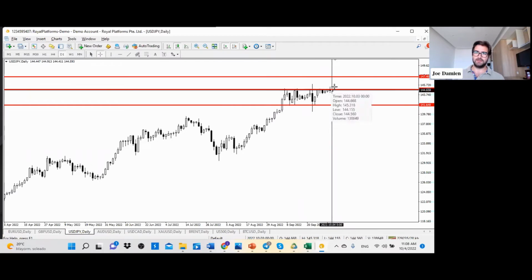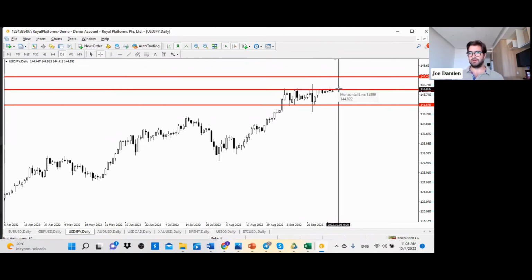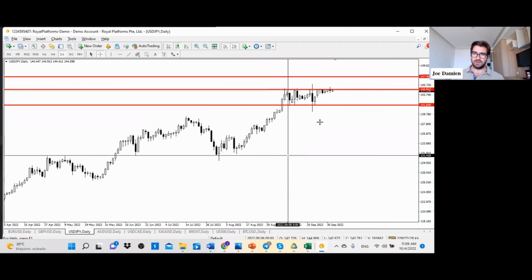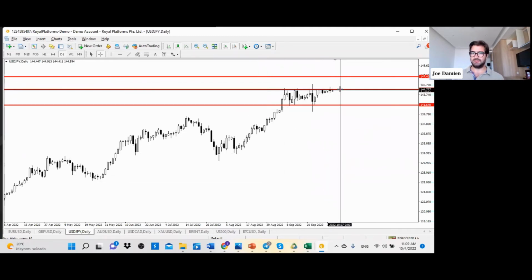This puts high pressure on the higher end of this range. So there is a high buy pressure around this area, which could lead to a move to the upside, breaking the higher end of this channel all the way up until 147.